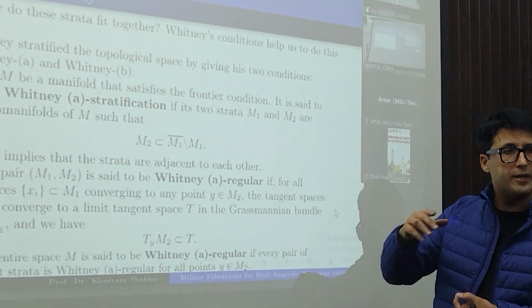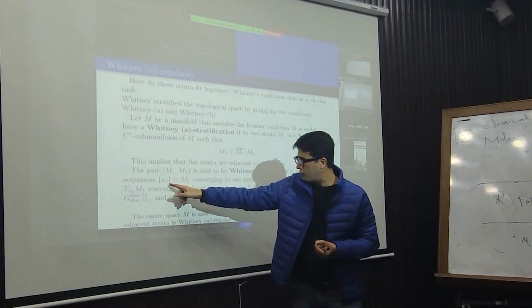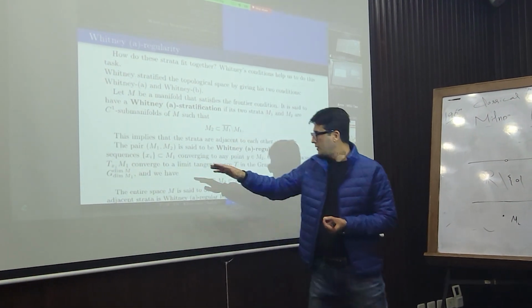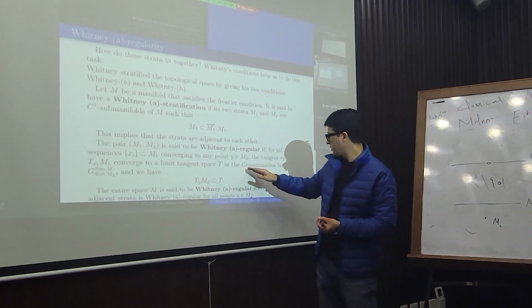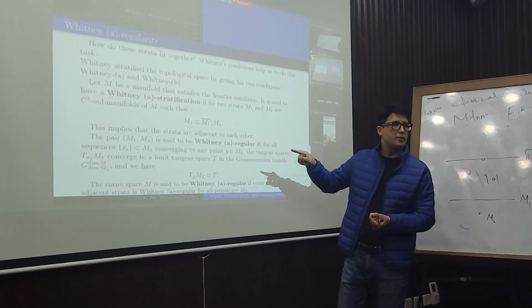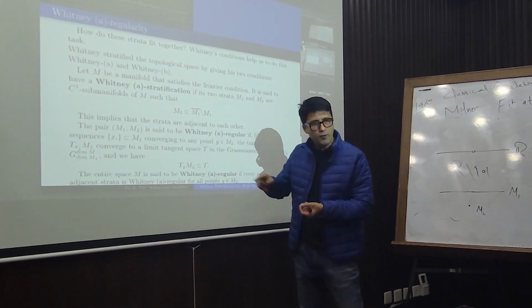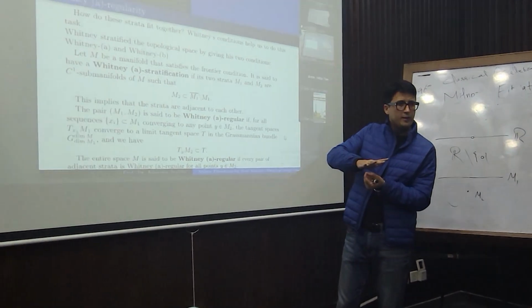Then the tangent space at all these points of the sequence over M1, that tangent space also converges to this Grassmannian bundle. The Grassmannian bundle is, if you are at this point y, at point y there is some tangent bundle there, right?